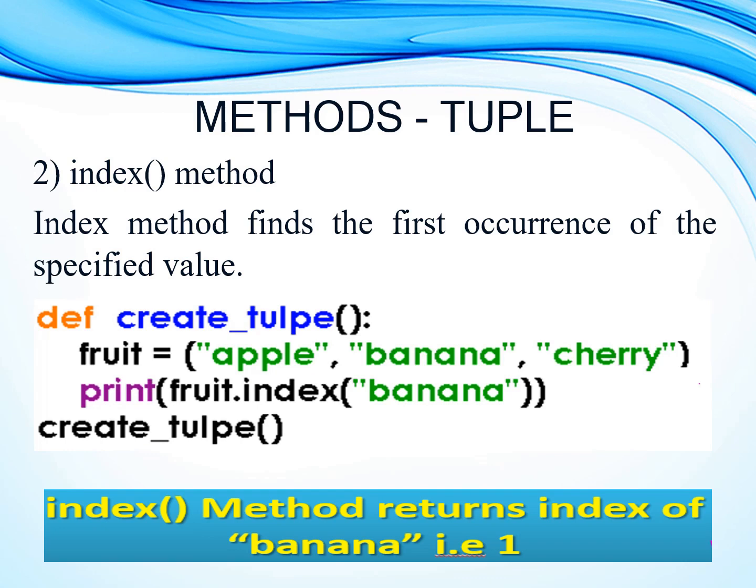We know that item indexes start from 0, that is, apple has index 0, banana has index 1, and cherry has index 2. In this code, we are trying to print the index of banana, so the output will be 1.